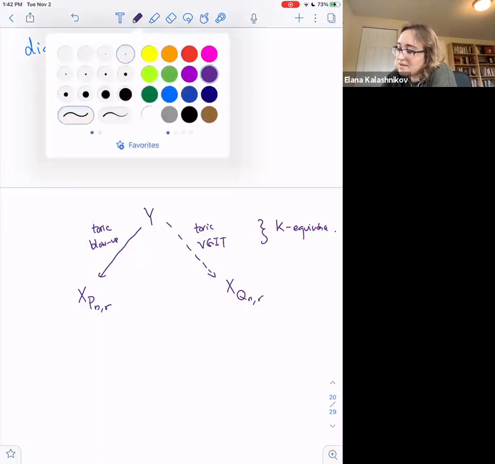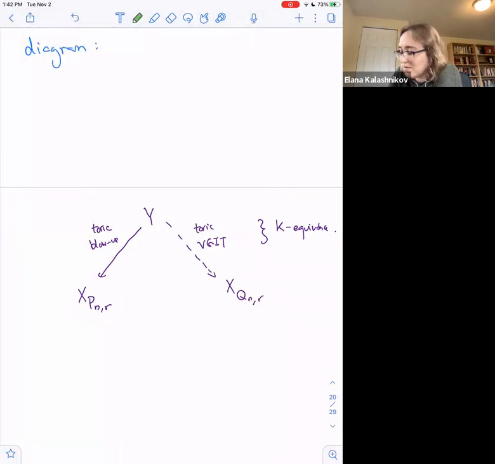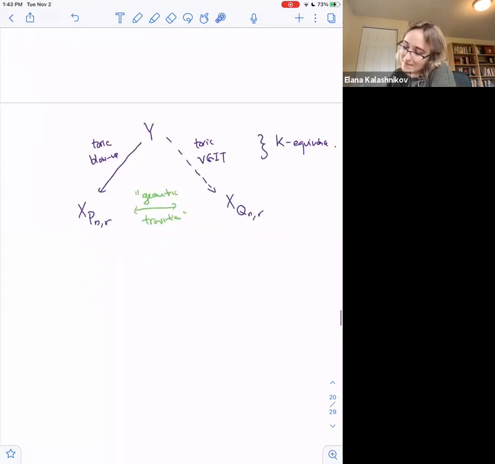So you can think of this as being a sort of geometric transition between these two toric varieties. I'm putting it in quotation marks because it's a lot more general than the usual definition of geometric transition. But it is very similar.